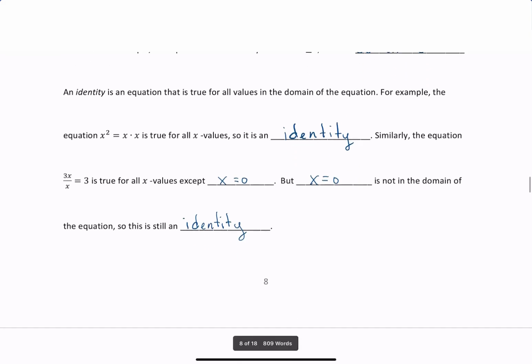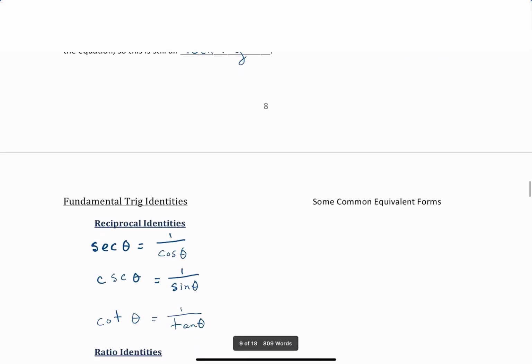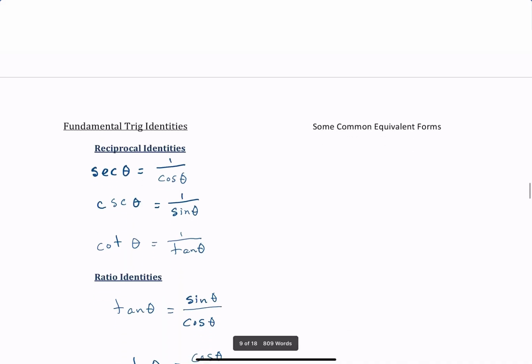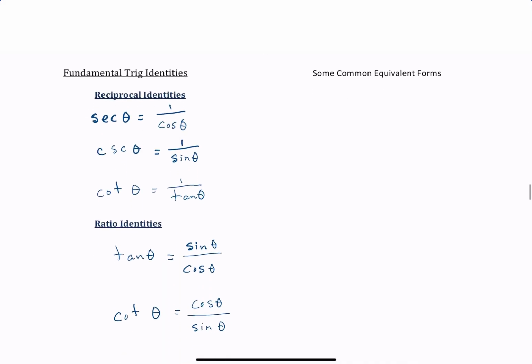Now in trig, there are some identities that we need to know. There's going to be quite a few, but right now we'll just talk about the ones called fundamental trig identities. First, we have the reciprocal identities, and it's possible you might have even noticed some of these for yourself.